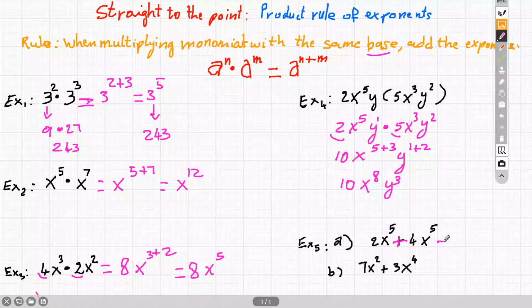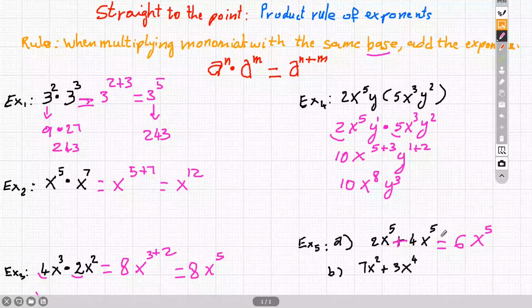That means that's 6 of that thing. Like terms have the same variable and same exponent. So x to the 5th power and x to the 5th power are like terms. So we just need to add the coefficients. We have 2 of them here plus 4 of them, that means that's 6 of them in total.